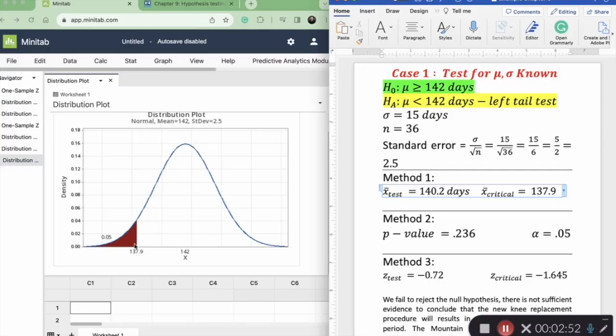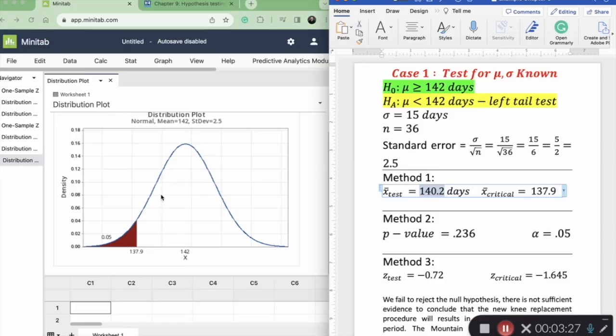5%. So the p-value is greater than 5%. What is the p-value? The p-value is the area on the left-hand side of 140.2, which is the same area on the left-hand side of the z-value in the standardized normal distribution. Let's say 140.2 is here.